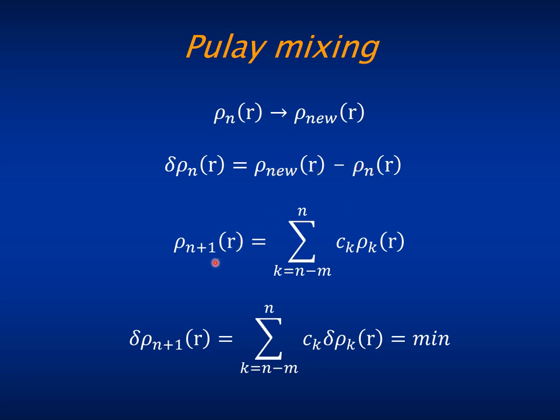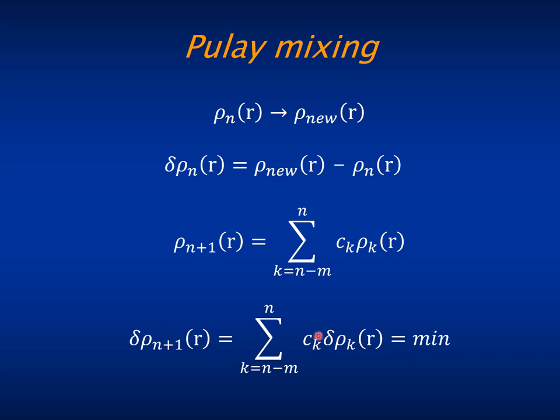So what you can do is to generate a new density for the next step, which is a combination of m previous densities. And you do this by minimizing the size of the expected residuals, where you expect that the expected residual will also be the same combination of the previous residuals.